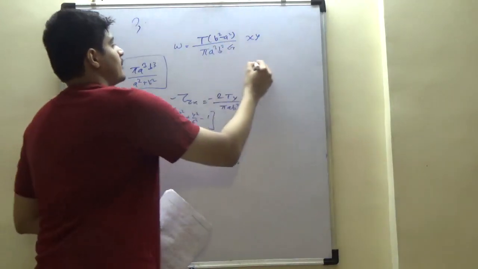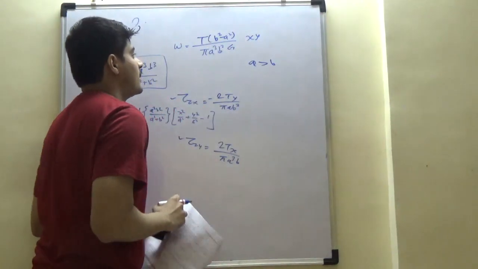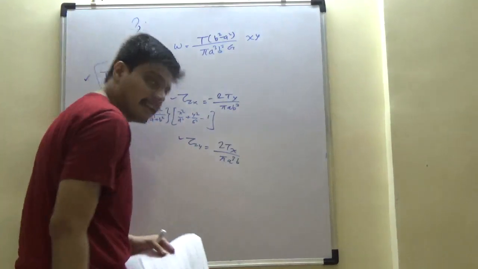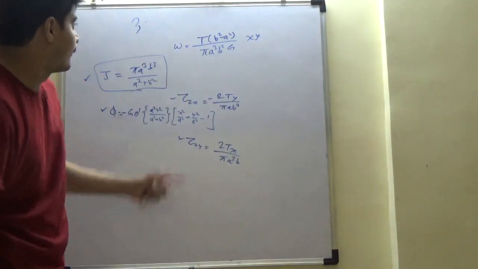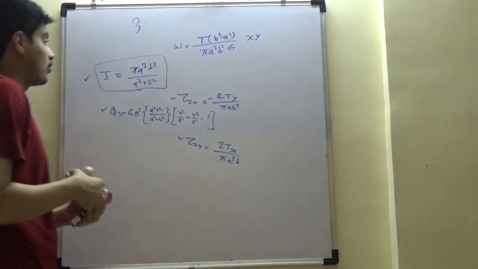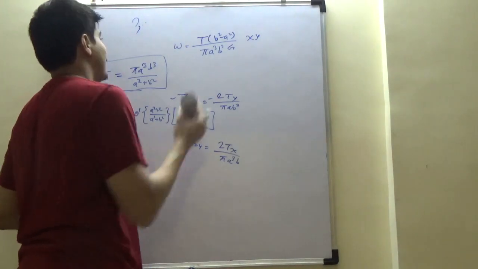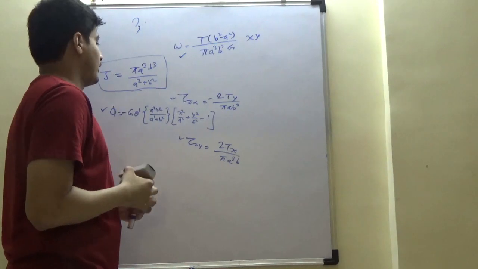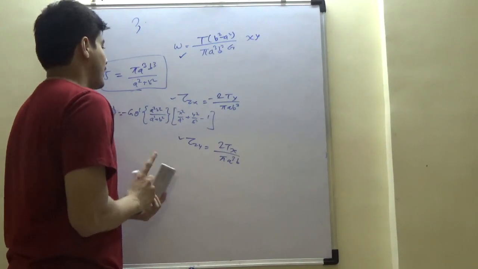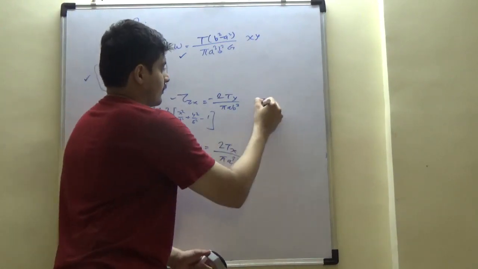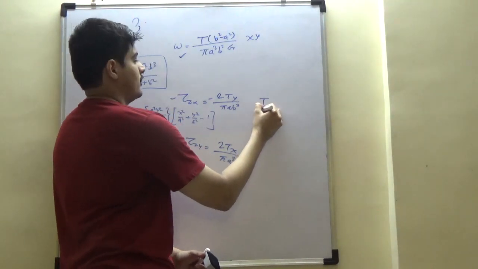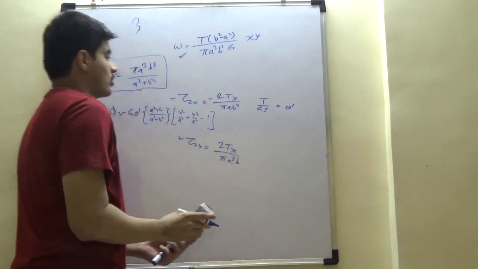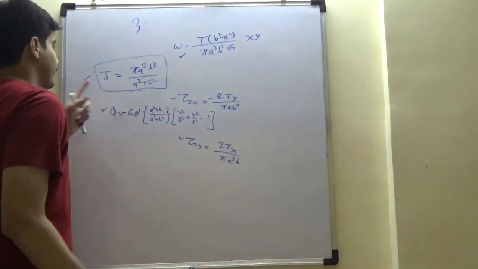Look at this b square minus a square. A is always going to be more than b. So W is going to be negative, which is also expected, the negative twist. So for the ellipse, we have found out all the properties. The twist, theta dash, which is nothing but T by G J, gives me the twist rate.